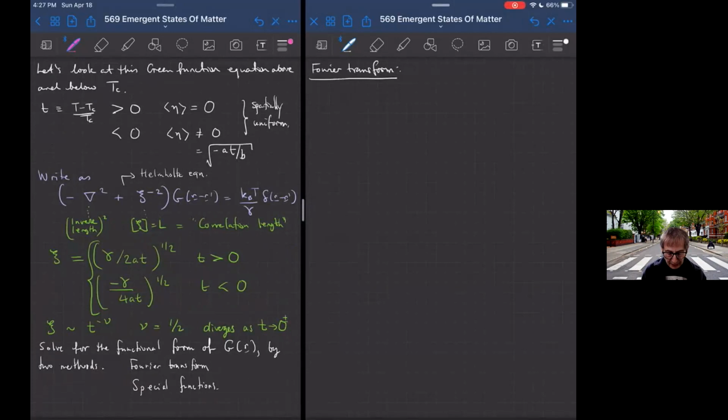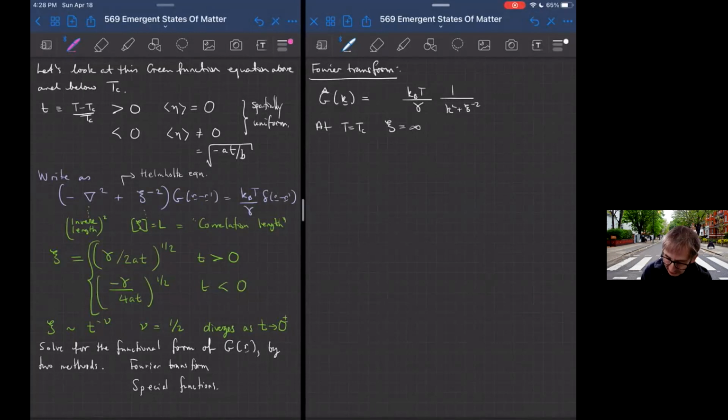So I've got the equation (minus del squared plus xi to the minus 2) g is equal to some delta function on the right-hand side. If I take the Fourier transform, then the Fourier variable g hat of k obeys the equation: g hat of k equals kBT over gamma times 1 over (k squared plus xi to the minus 2). And if we look at t equals Tc, then xi is equal to infinity.